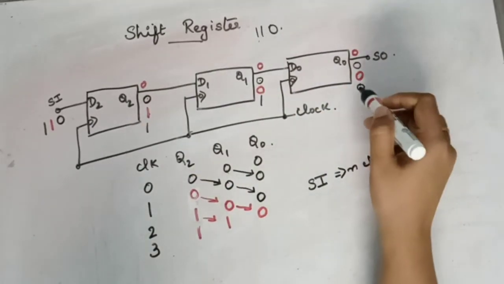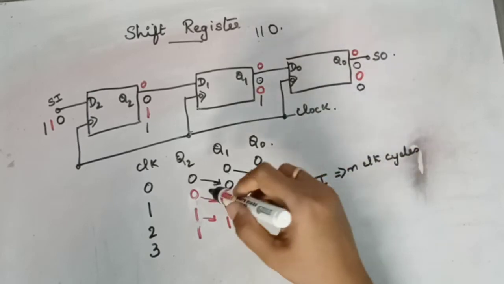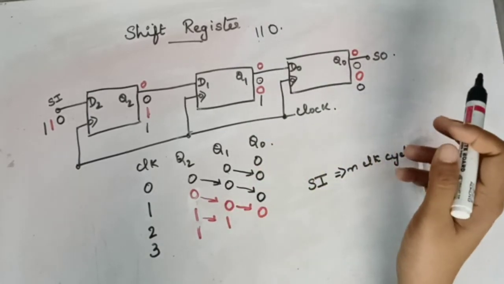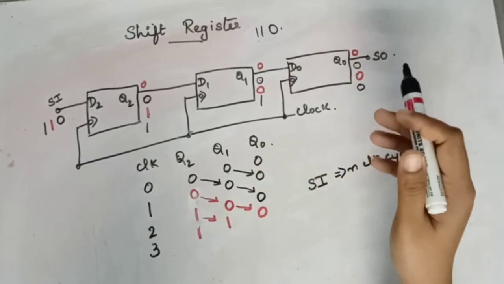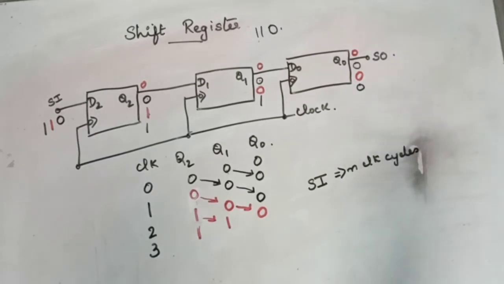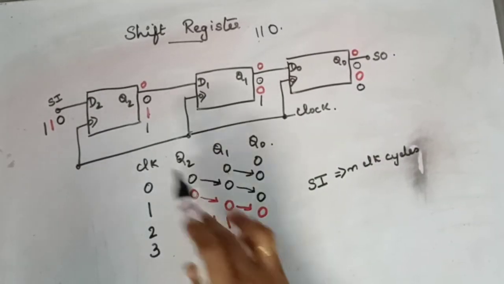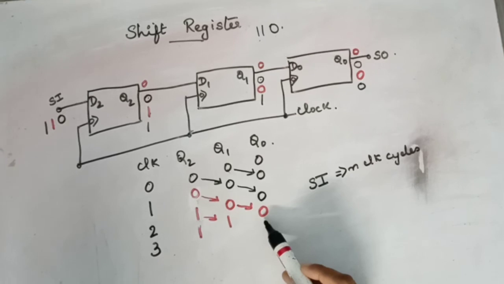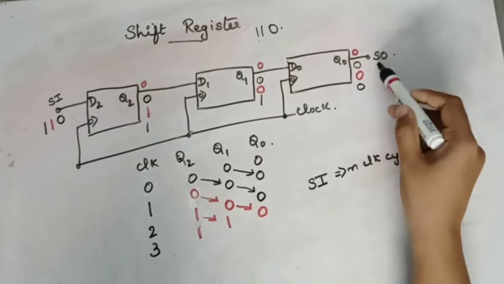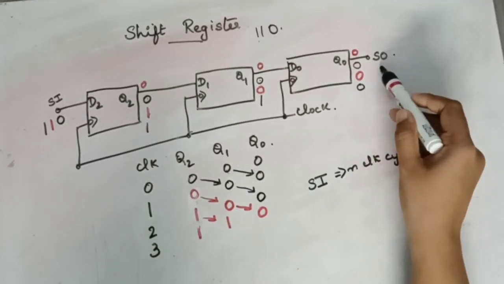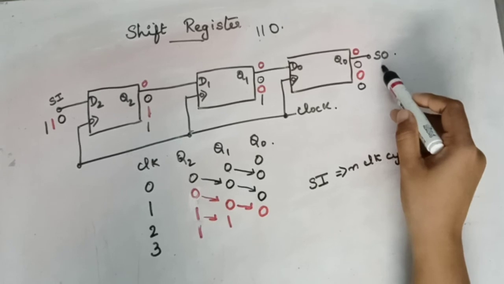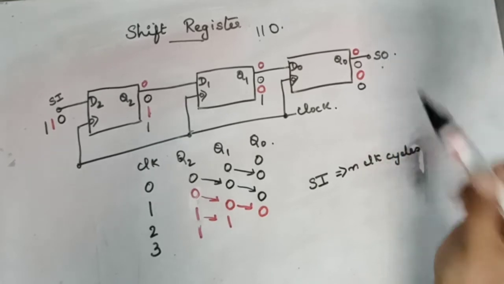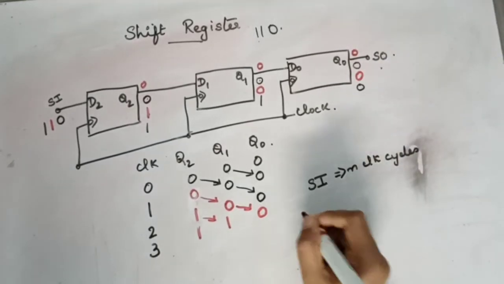Before, whatever was coming here was the cleared data, the initial data. Okay, so at the end of the third clock pulse, I have stored all the data, and also I have the first bit or the LSB bit at my serial out. Okay, so now I got the first data.